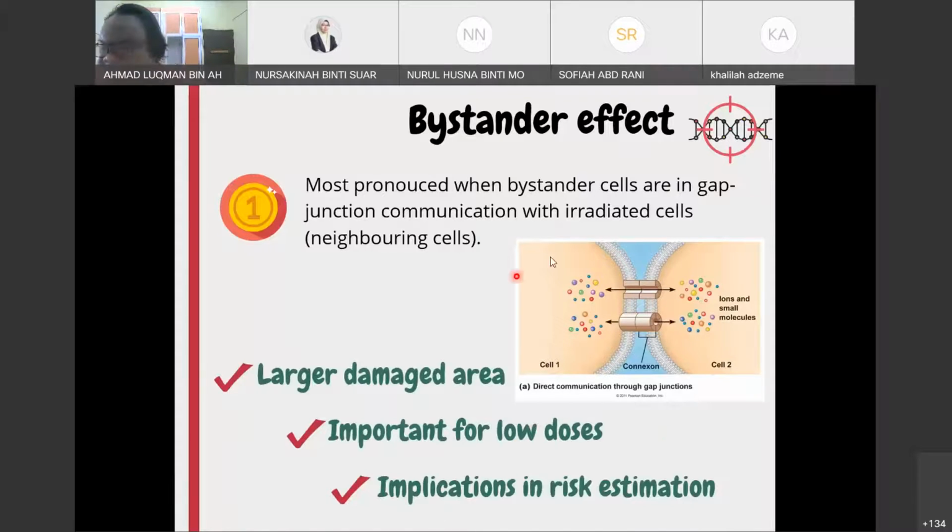As you can see here. So what does the bystander effect do? It causes a larger damage area, which is also important for low doses and has implications in risk estimation.